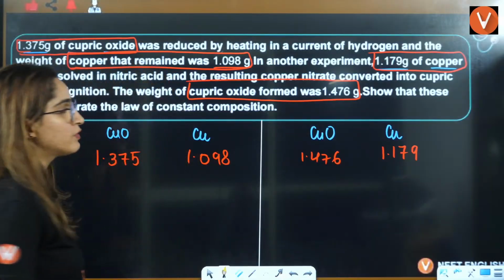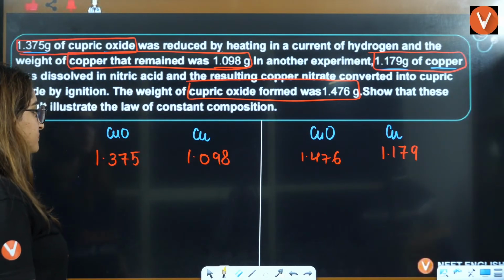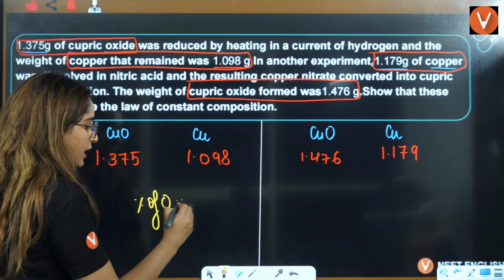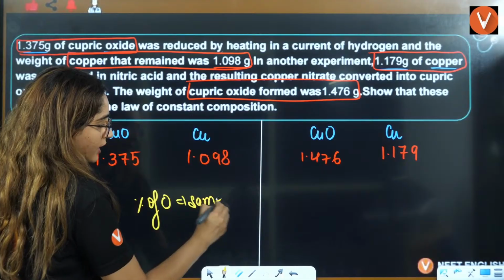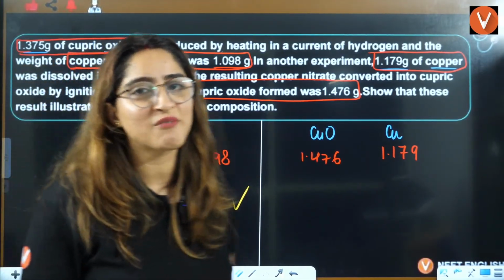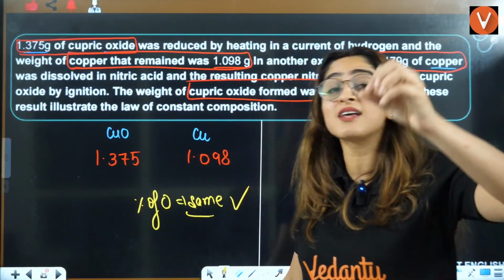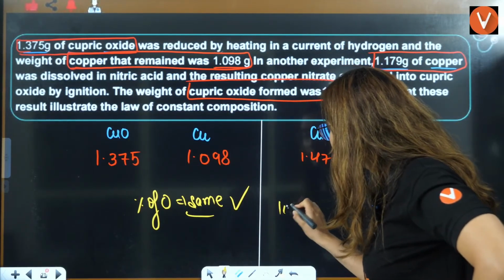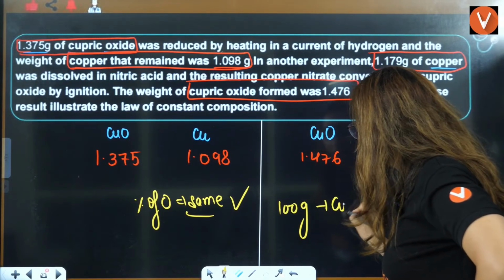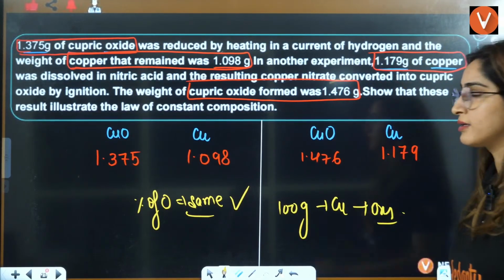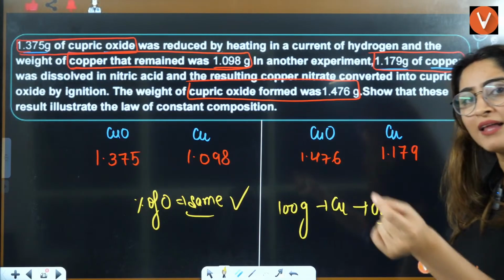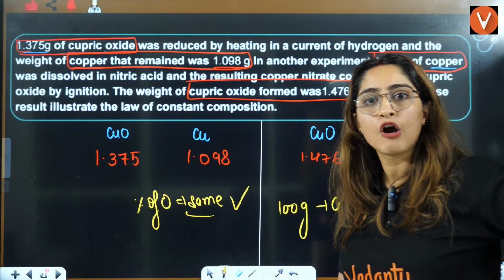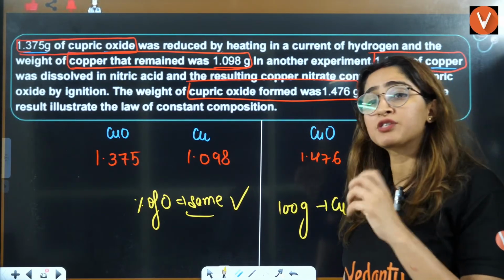We'll simply say that if the percentage of oxygen is the same in both the cases, then that means, let's say I'm fixing the copper, I am saying that for 100 gram of copper, how much oxygen you require. I am fixing one thing, then I want to find the next thing. You can fix anything here.